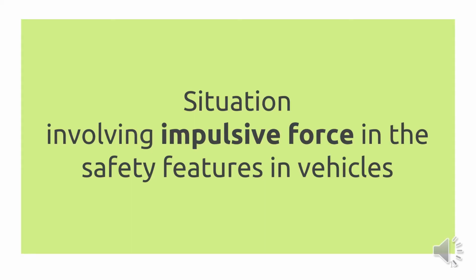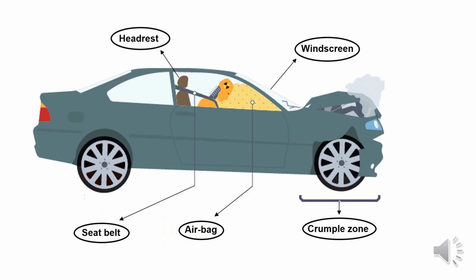Now, let's move to the situation involving impulsive force in the safety features of vehicles. Look at this vehicle. There are 5 safety features designed. First, the headrest was designed to prevent injury to the head, which moves back when the car suddenly accelerates forward.